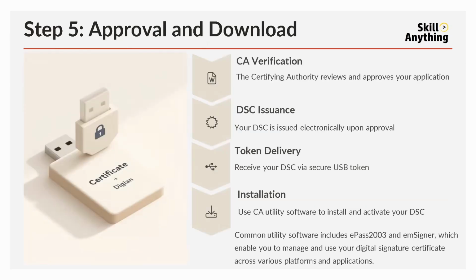Next, step 5: approval and download. Once you have filled in your application, the personal details, uploaded your documents and identity and address proof, and the verification is done, you have to click on submit. After you submit the documents and make the payment, the certifying authority will verify your documents.